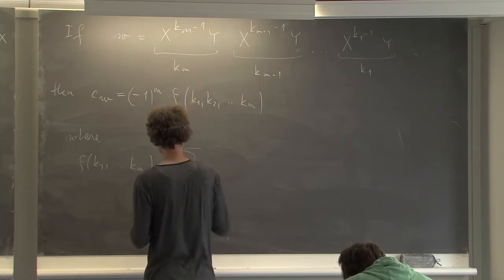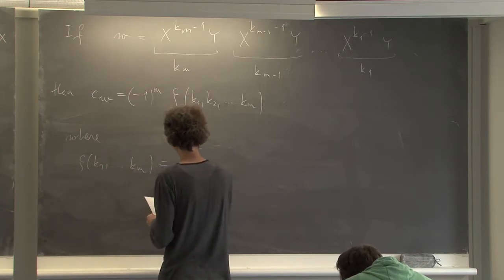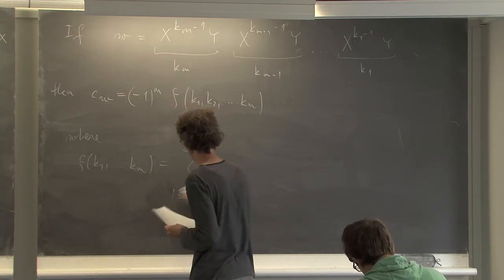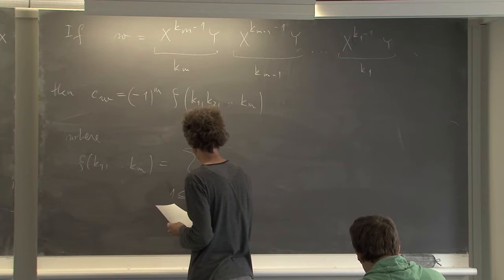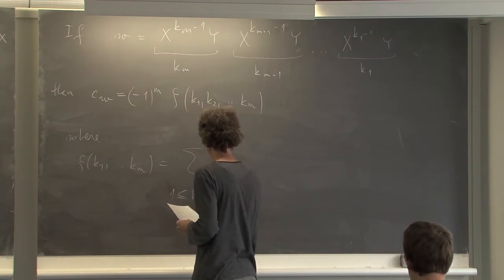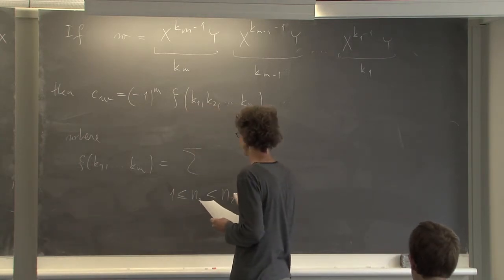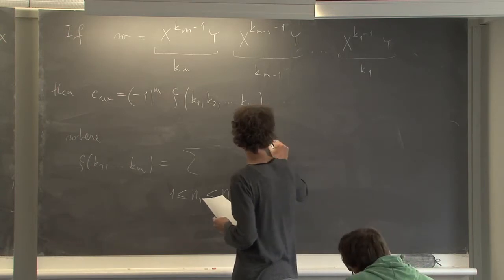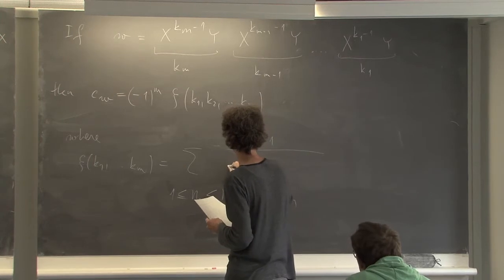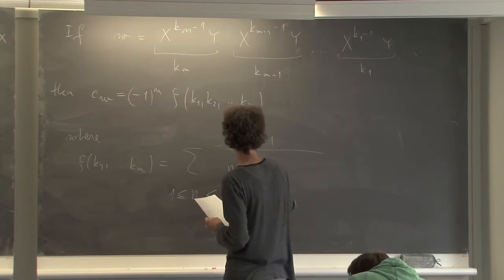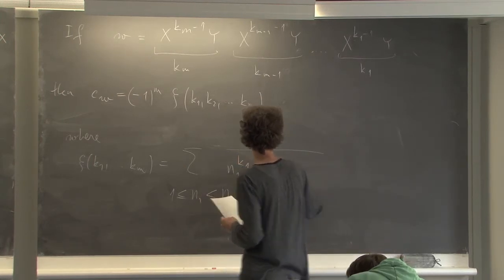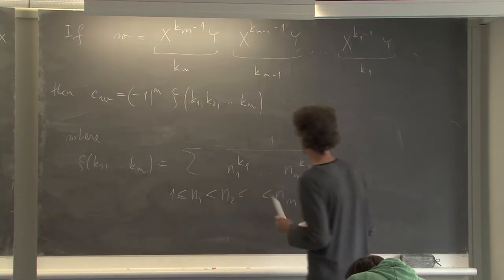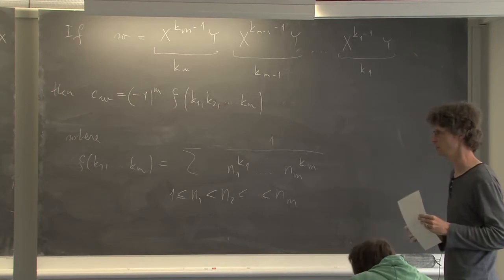So this is the sum over N1 smaller than N2 smaller than ... smaller than Nm of 1 over N1^k1 ... Nm^km.